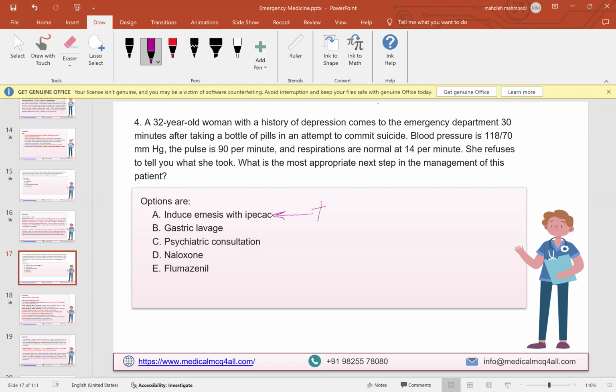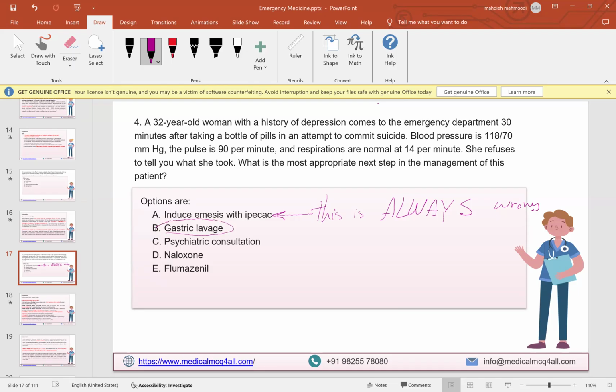So here's the thing. This is always wrong. We never do that. Ever. Don't do that, even if you just saw the patient swallow. Don't do that.